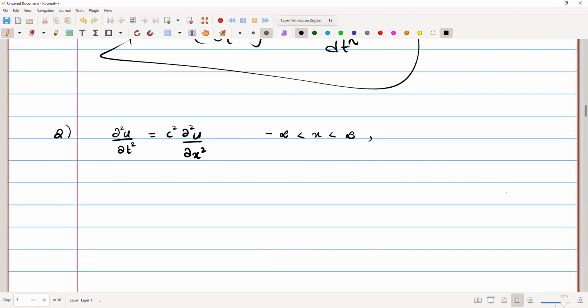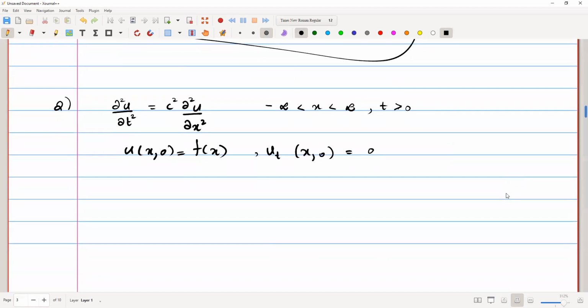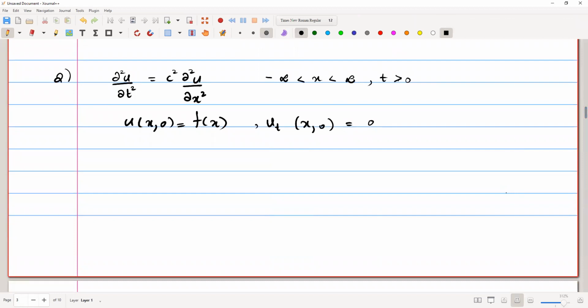And we already discussed D'Alembert's method for the infinite string problem, and now here also we will see that we'll get the same results as in D'Alembert's method, right? So the Fourier transform will conclude and verify the result. So u(x,0) equals f(x), so the initial displacement is... sorry, the initial velocity is 0. Initial displacement is given by a function of x.